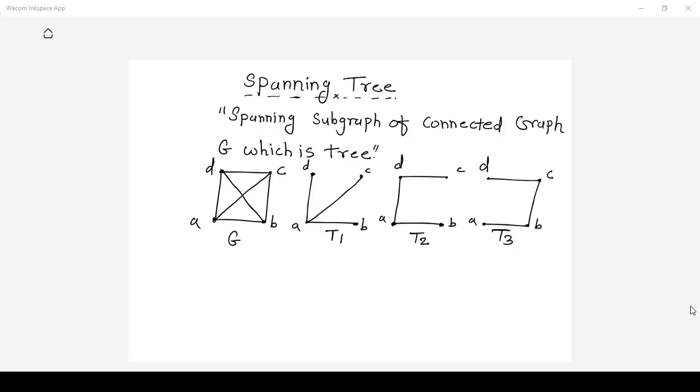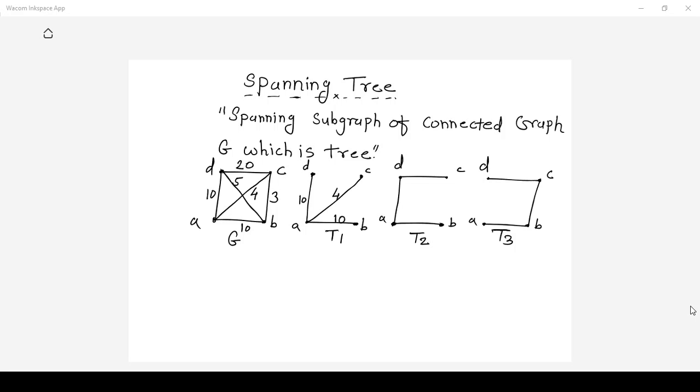Now suppose I assign some weights for every edge of the given graph G: 20 here, 10 here, 5 here, 4, 3, and 10. So accordingly I should put the edge cost in its spanning tree. In T1 it is 10, this edge having cost 4, this edge 10.